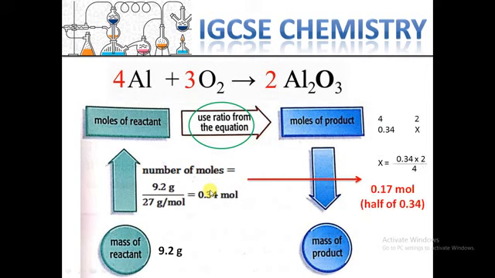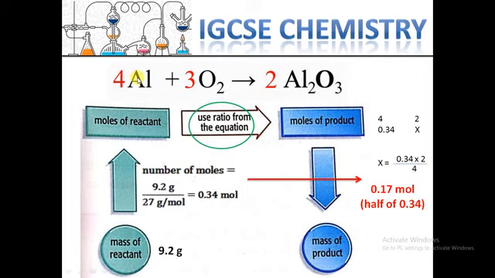How many moles do we have from this? You need to use the ratio from the equation. Check the ratio from the equation. From each 4 aluminum we get 2 mole aluminum oxide. That means half the products from our reactants. Reactants is aluminum.